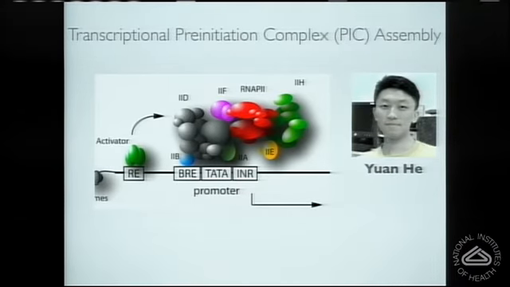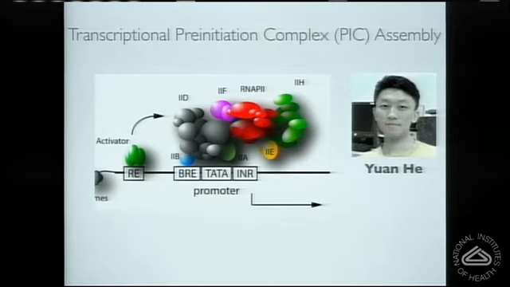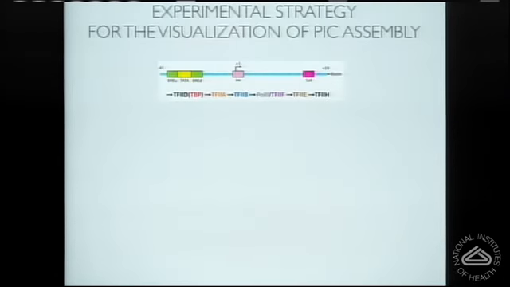And what he did to pursue this was to both simplify the process by what I told you, substituting TF2D by just the TATA binding protein, the TBP that recognizes TATA elements in core promoters, and also by devising a beautiful system for purifying the different stages of the pre-initiation complex in an effective manner.